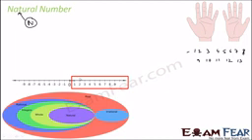You see this red box? This represents the natural number portion of this number line. As I told you, natural number is also a real number. In fact, all the numbers which we will study in this class will be real numbers. So real numbers can be represented on the number line, and natural numbers can also be represented on the number line.